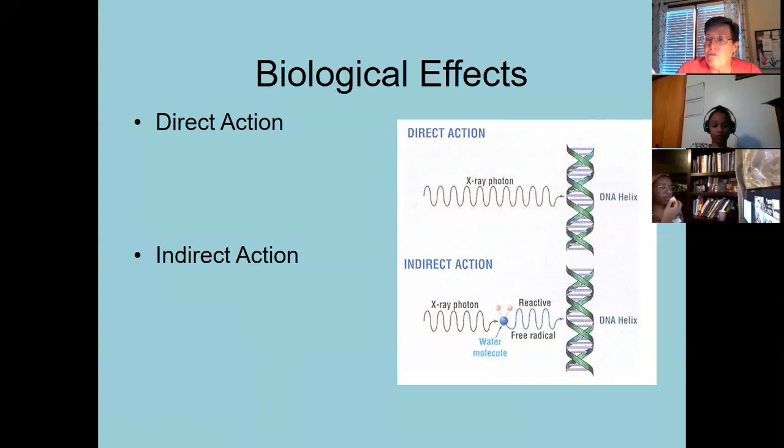So we'll use DNA primarily as our important molecule or as our target molecule, but know that there are other very important macromolecules in our system. So we're going to talk about how the energy from the radiation gets to those important macromolecules. And the answer is it can get there either directly or indirectly. So we talk about direct action versus indirect action.